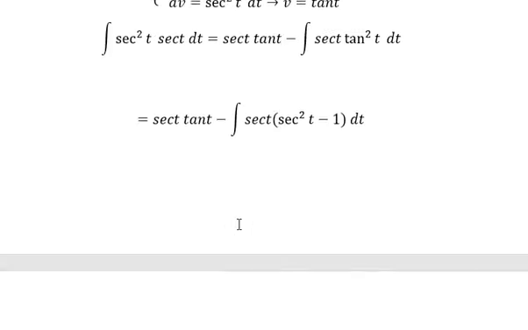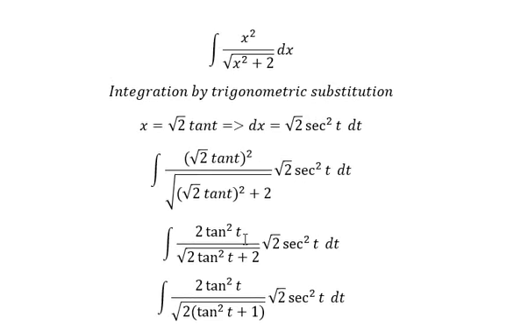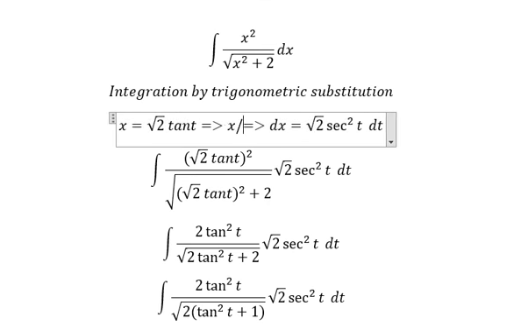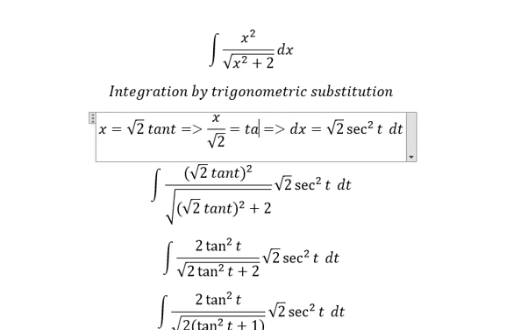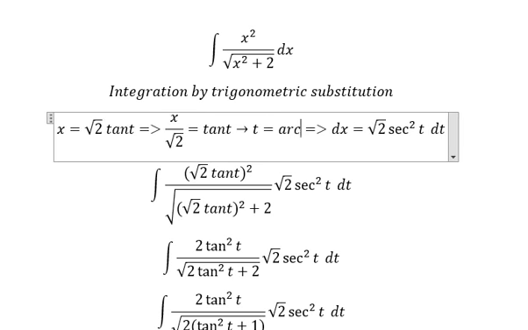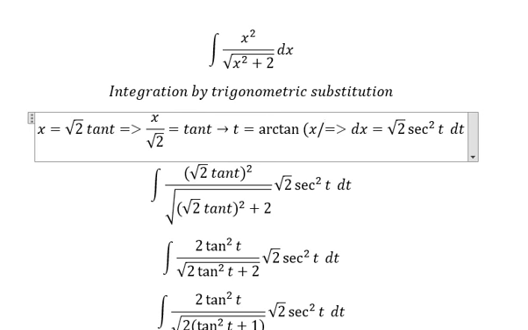About t, that is about this one. So we need to divide both sides by the square root of 2. And now we can find the value of t. That should be arctan of x over the square root of 2.